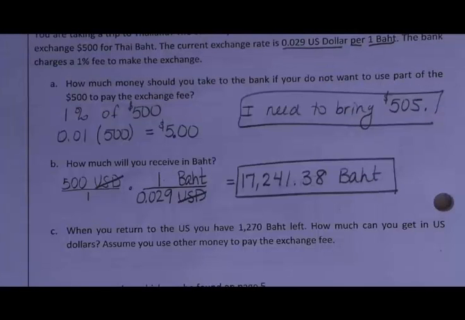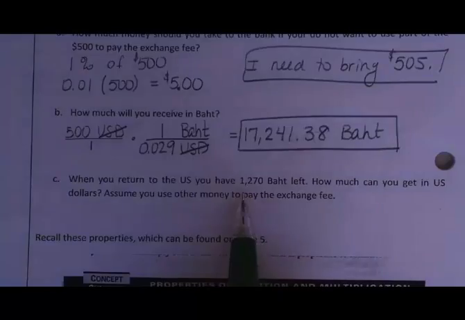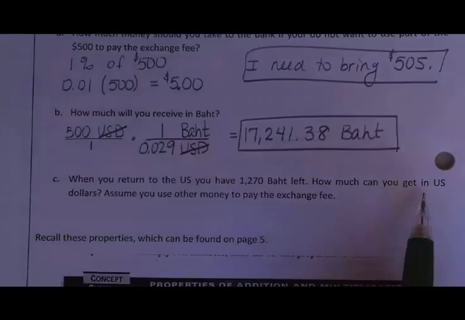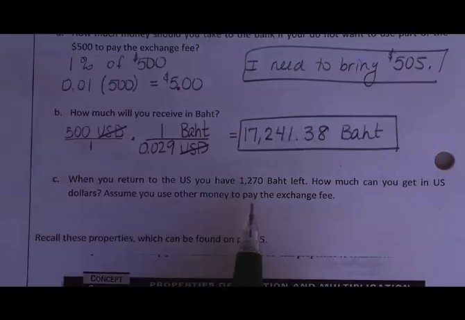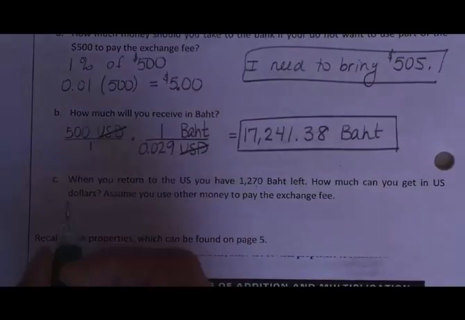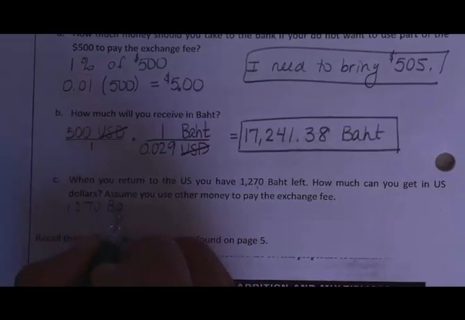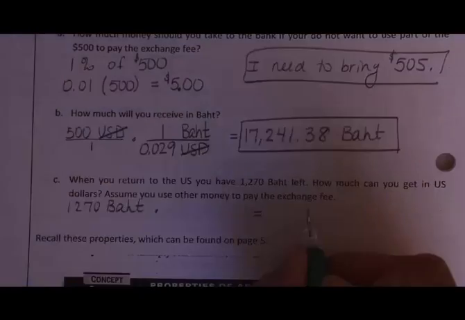And then for C, you come back to the US, you have 1,270 baht left. How much will that be in US dollars? So this time we're going to say you brought some other money with you to pay the exchange fee. Don't worry about that. Basically, how much US dollars will you get for this 1,270 baht? So I'm going to do basically exactly what I did here, except for now I'm going to start with 1,270 baht. Now, I need to end up with US dollars.